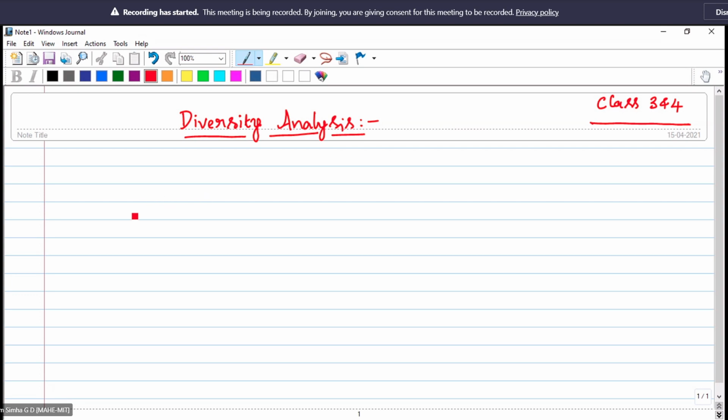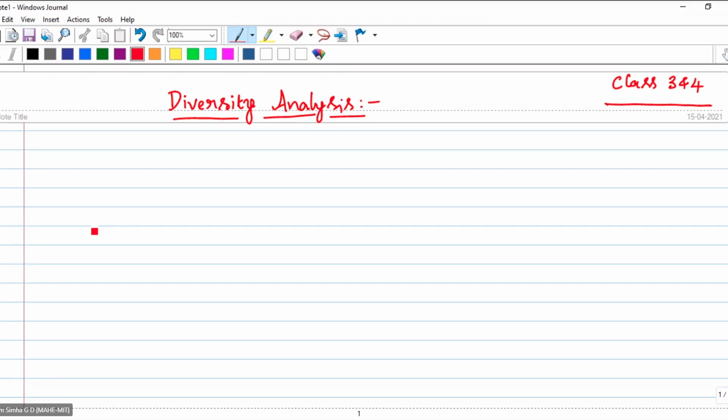First, I'll start with the basic analogy of one transmit antenna and many receive antennas. This is my transmit antenna, and let's say I have a first receive, second receive, third receive antenna, and so on, up to NR receive antennas.